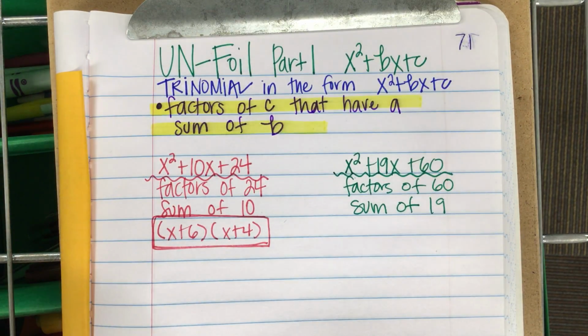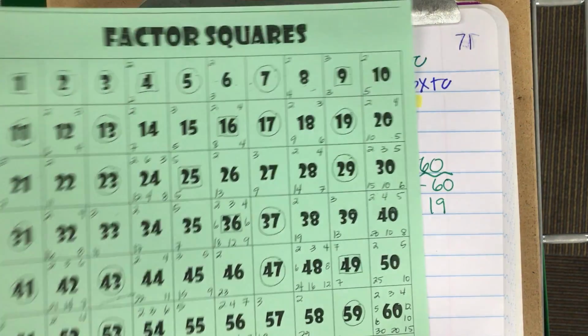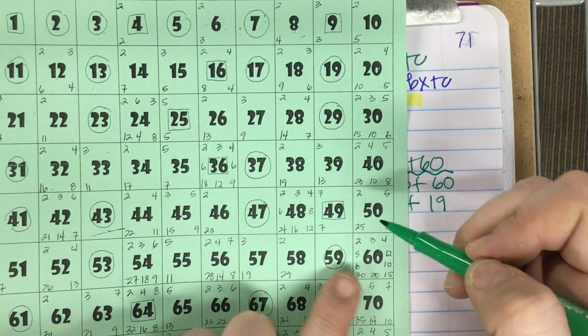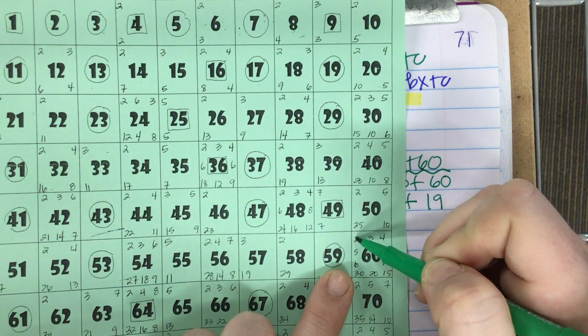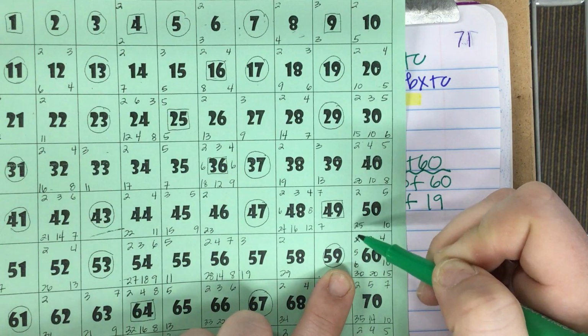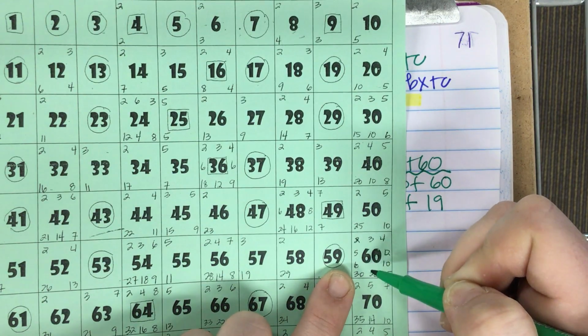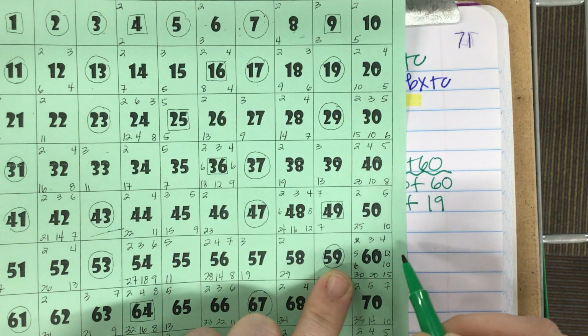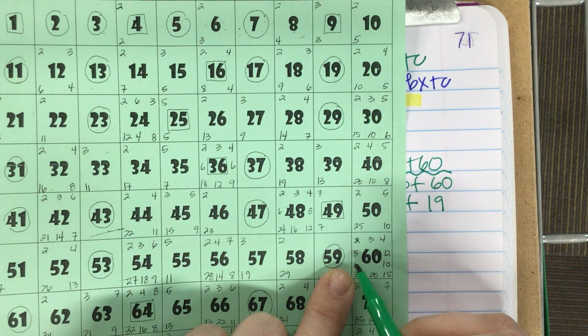So I'm going to look at my factor squares. Here's 60. Here's the great thing about the factor squares. When I made the factor squares, 2 times 30, they're across from each other. Those are factors that make 60. 3 and 20, right? And then if it's a really big number like 60, then they go across horizontally.